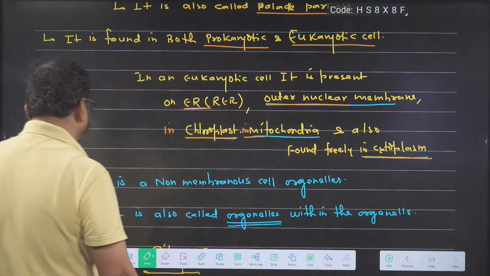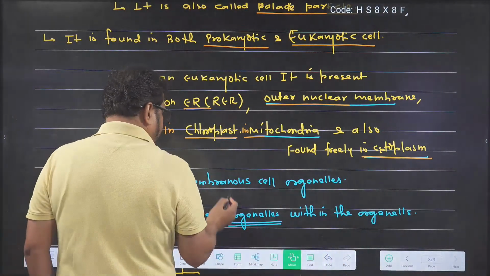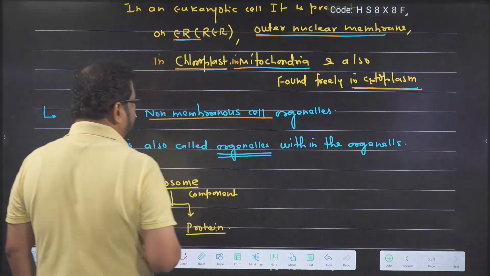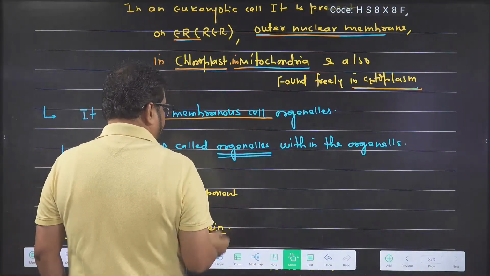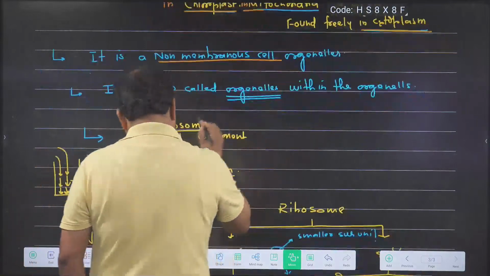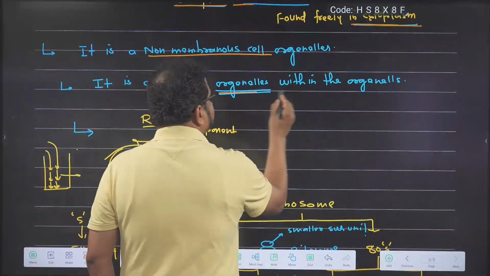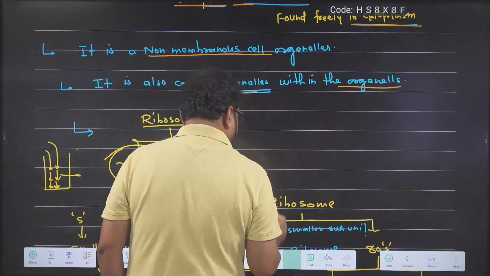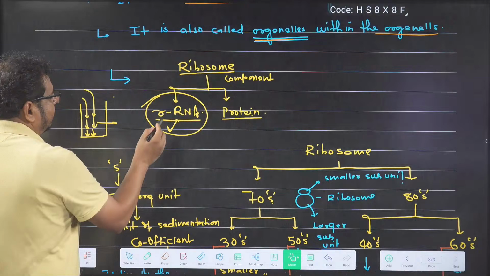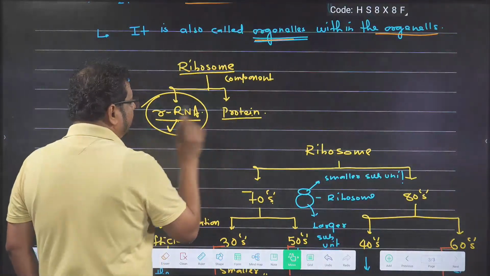It is a non-membranous cell organelle, not surrounded by any membrane. It is also called the organelle within the organelle because it is also present inside other cell organelles. Two components are there, ribosomal RNA and protein.